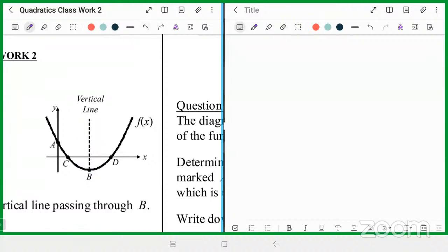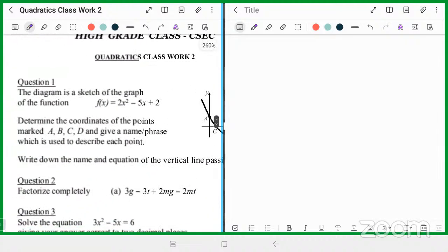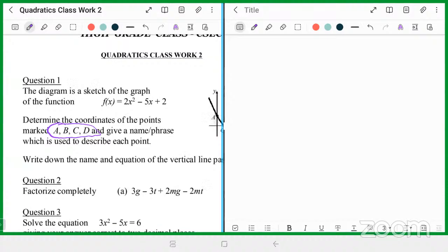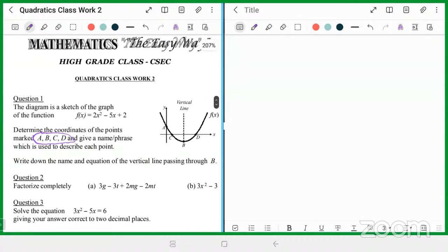So the question is a knowledge-based question. It's testing our knowledge of certain things. The question said we are to determine the coordinates of each of those points, A, B, C, and D. And then we are to give the name or phrase which is used to describe each point.